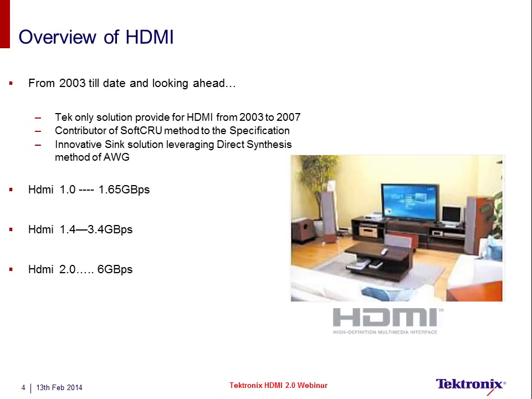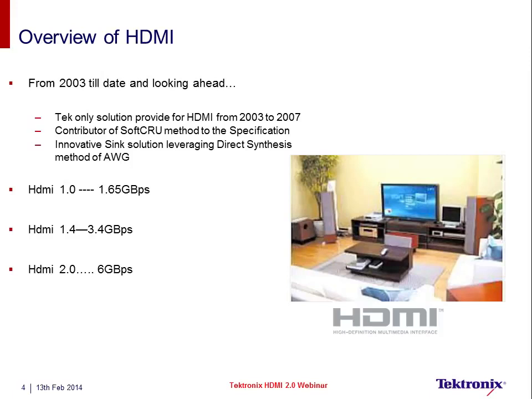At a very high level, HDMI has been leading the consumer electronic interface standards for the last 10 plus years. The standards were introduced in 2003 in Rev 1.0, which had a data rate of 1.65 gigabit per second per lane, and went on to change to 1.4b, which has the data rate of 3.4 gigabit per second.